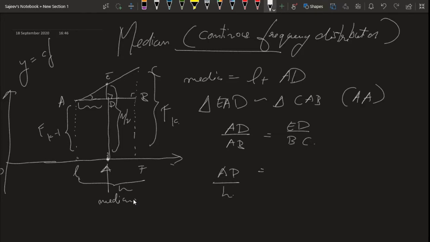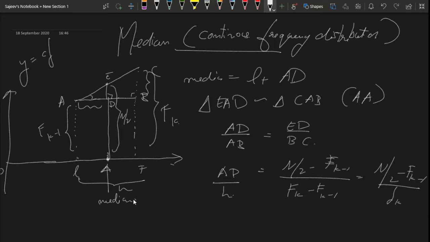What is my ED? ED is N by 2 minus F of K minus 1, and BC is F of K minus F of K minus 1. What is capital F of K minus capital F of K minus 1? That's our frequency, right? Let me denote frequency by small f, so small f of K.